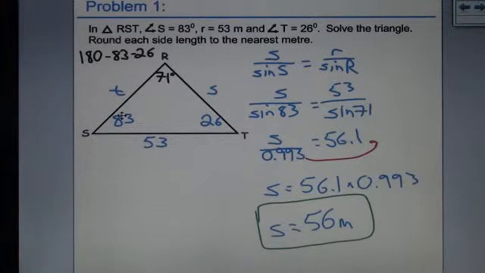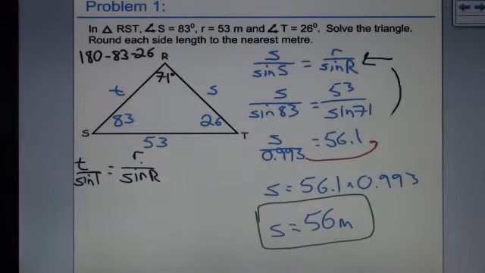And when I come over here, I'm now going to have to solve for t. Well, t, I'll do it in a different color. t over sine T equals r over sine R. Whoops, that should be a lowercase, because remember sides are denoted by a lowercase. Well, when I set this up, r over sine R is much the same as I had here.